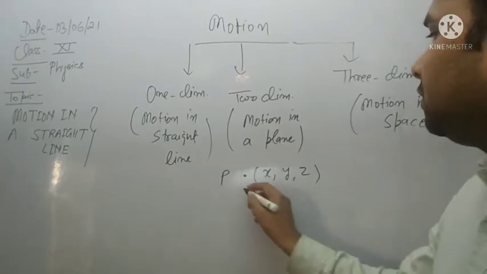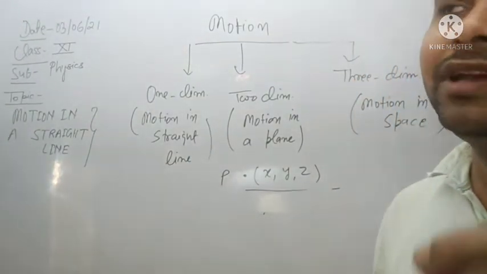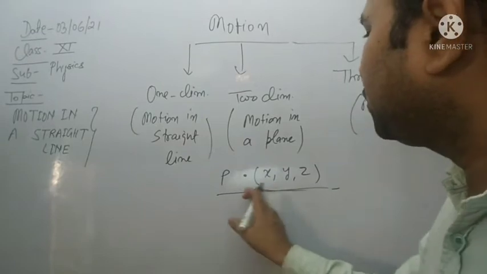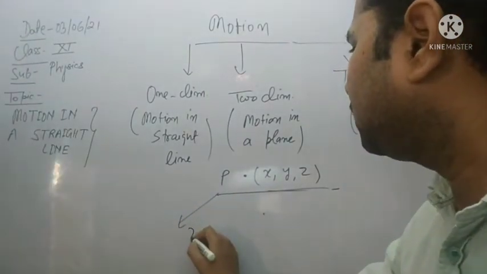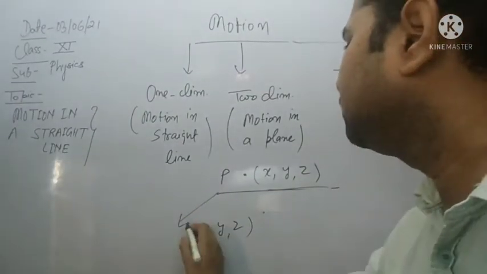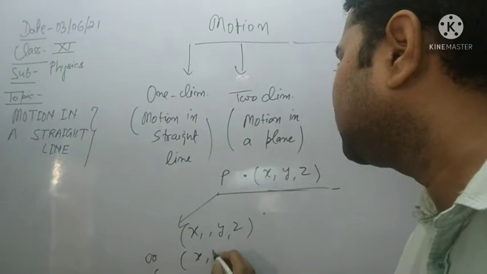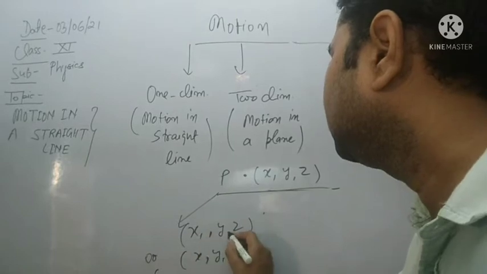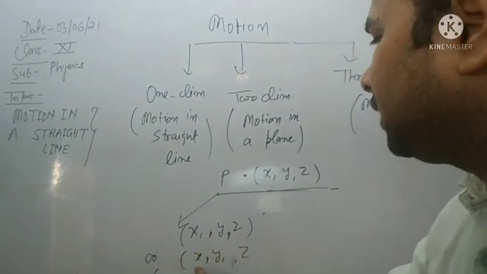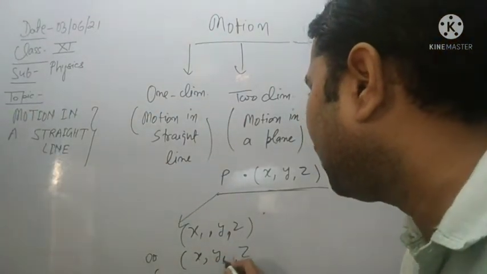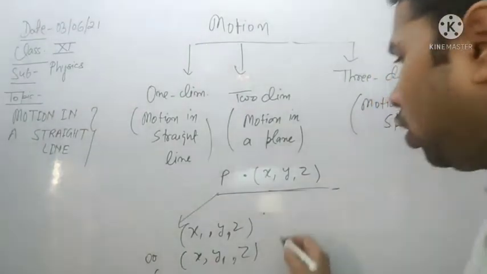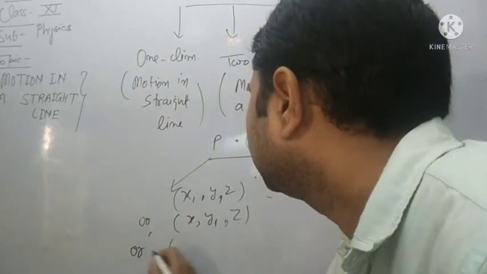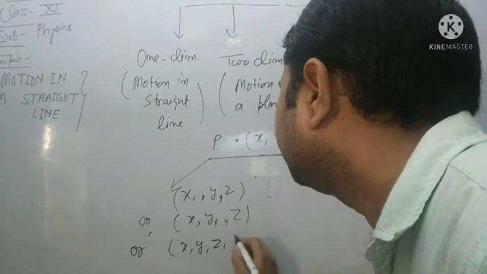Now see, with respect to time, when time changes and the body's position changes with new coordinates like x1, y, z, or x, y1, z, or x, y, z1.